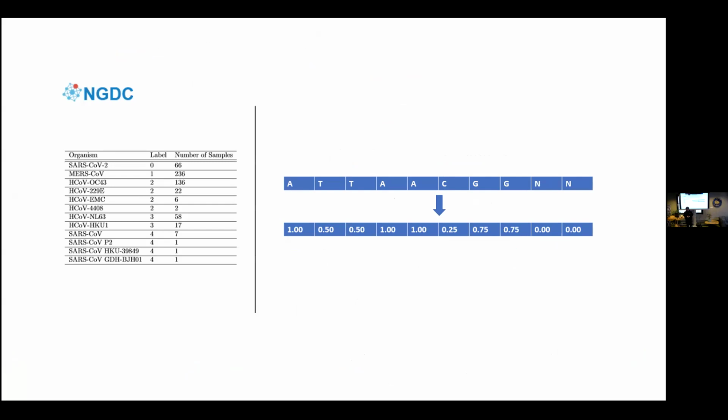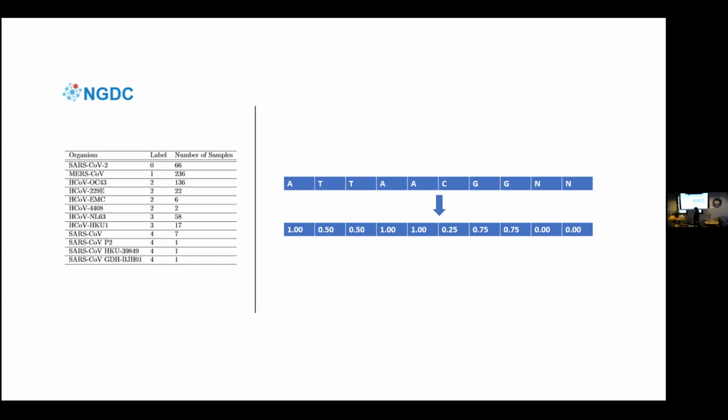In this case that we have bases, we give values between 0 and 1 for each of the possible bases. So for example, we have 4 bases, C, T, A, G. We give these values, and in the case of a missing value, we give a 0. Okay? So this is how we code the genetics into something that can be used by the convolutional neural network.